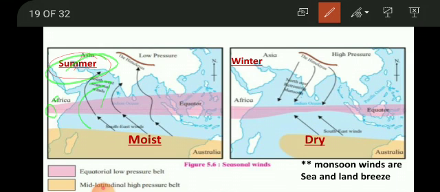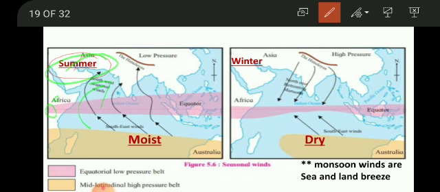Because during summer, land gets heated and the air pressure is low. On the other hand, sea is comparatively cooler than the land, and hence high pressure is developed. Hence, monsoon blows from sea to land during the summer.